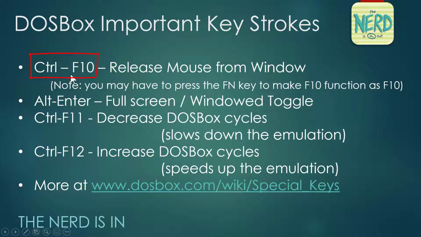Now, on most people's computers today and laptops, you have to push in the Fn key to make the function keys F1 through F12 across the top actually operate as function keys. So instead of Control F10, I've got to go Control Fn F10, and that will release my mouse.